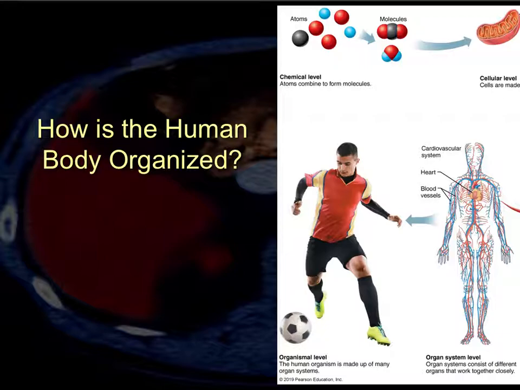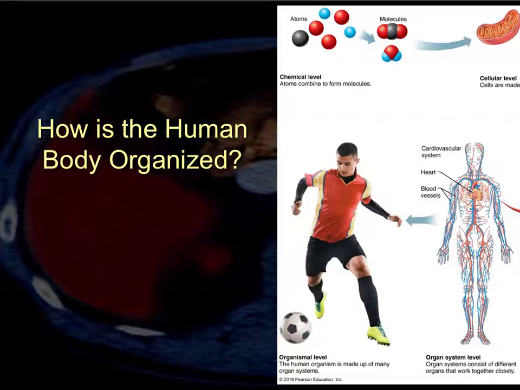Then we take a bunch of different organs and put them together, and what do you make? Organ system. So in this example, this may be a specific artery. We put that artery with all the other arteries, with all the veins, with all the capillary beds, and with the heart, and you end up with the cardiovascular system.